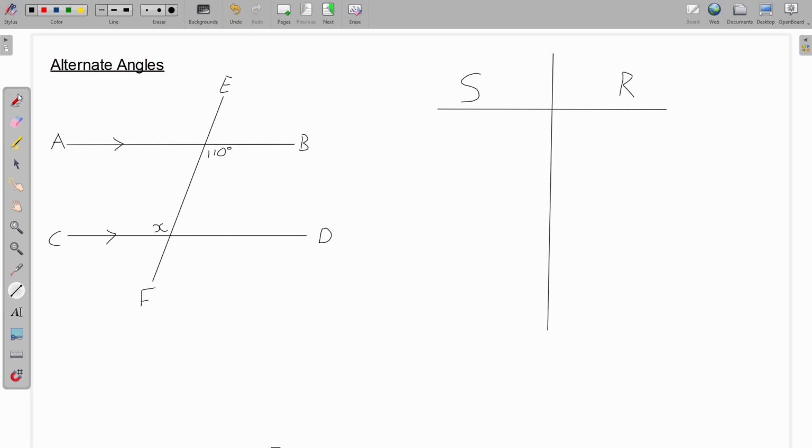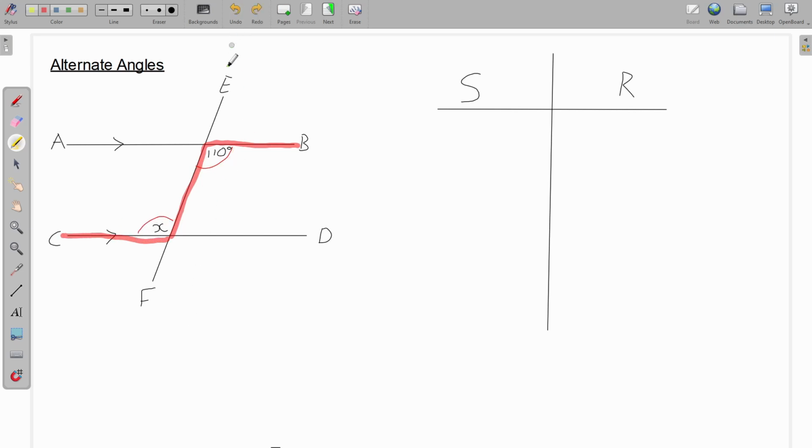So, in this instance, I've been given 110 degrees. I've been given x. Do I have a Z in question? Yes, I do. I have a backwards elongated Z.